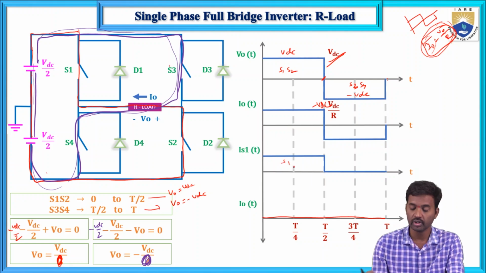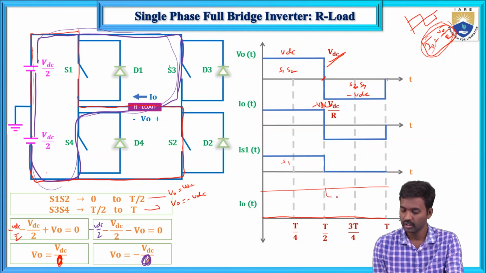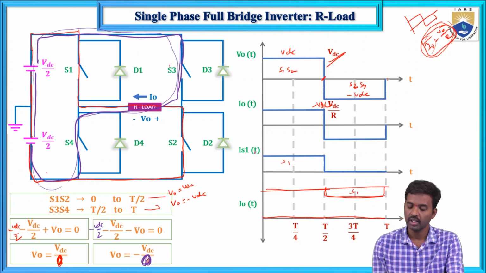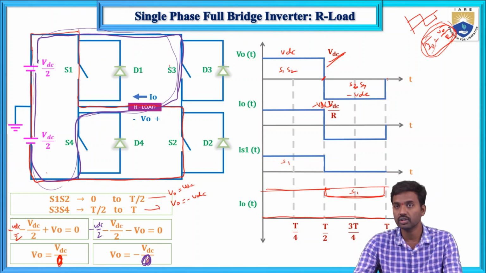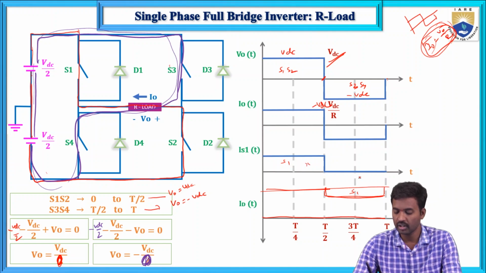I am talking about the S1 switch current only, and the S2 switch current is also the same. S1 will conduct only from 0 to T by 2, and will not conduct from T by 2 to T. In the same way S2 conducts from 0 to T by 2 only, and from T by 2 to T S2 will not conduct.